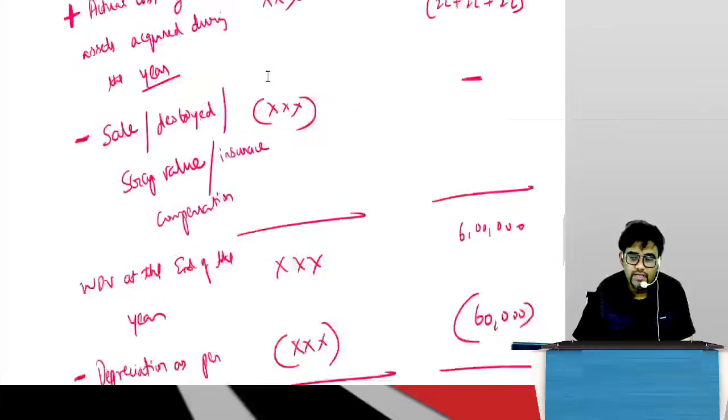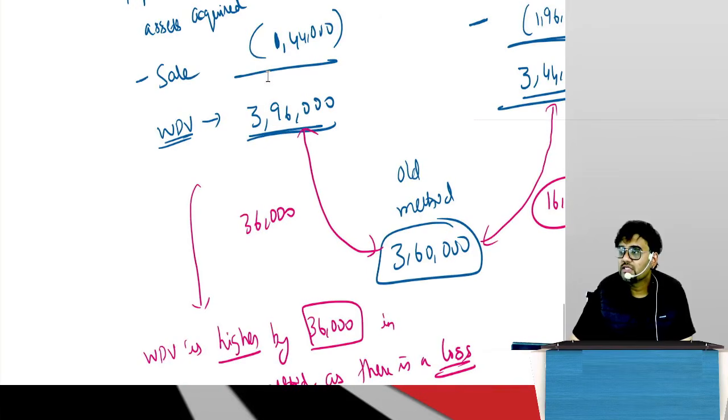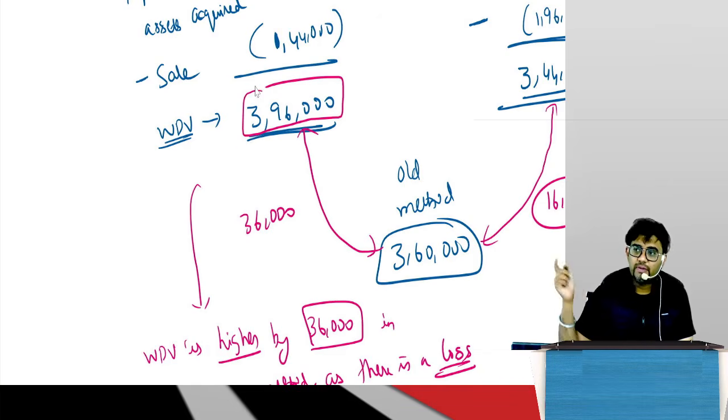In the new method, I am not debiting anything. The only effect is that the WDV increases by 36,000, and I will claim depreciation on that increased amount. Every year, instead of debiting the P&L account by 36,000 in 1 year, that 36,000 will keep getting depreciated over the next few years.